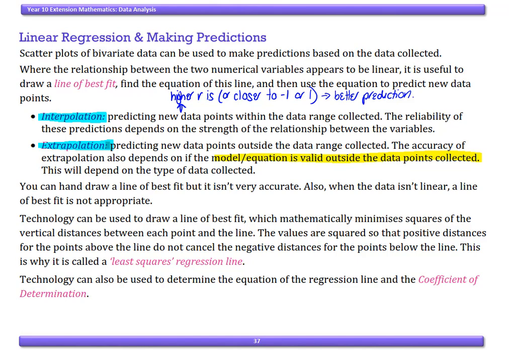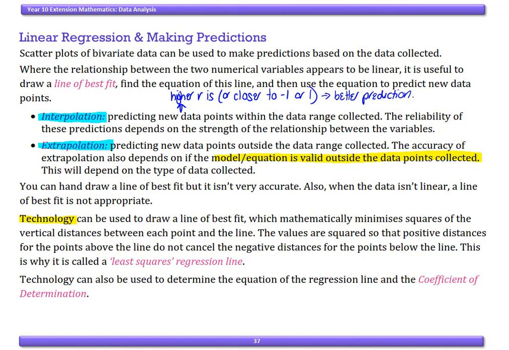Now you can hand draw a line of best fit, but it isn't very accurate. Also, when the data isn't linear, a line of best fit is not appropriate. So we are going to use technology to draw our lines of best fit, and that mathematically minimizes the squares of the vertical distances between each point and the line.